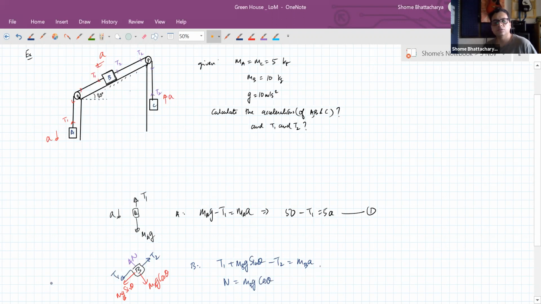So of course we'll be substituting the mass of B as 10 kilograms and theta as 30 degrees, whereas mass of A was 5 kilograms. So our equation becomes T1 plus, again this becomes 100 into half, so that becomes plus 50 minus T2 is equal to 10A. That's our second equation.